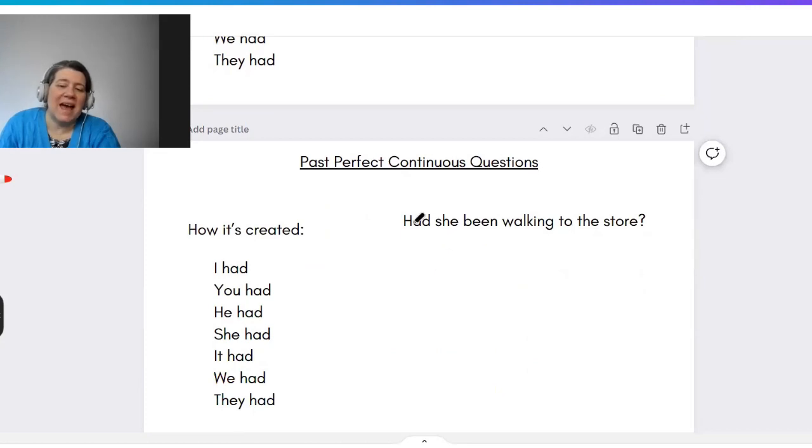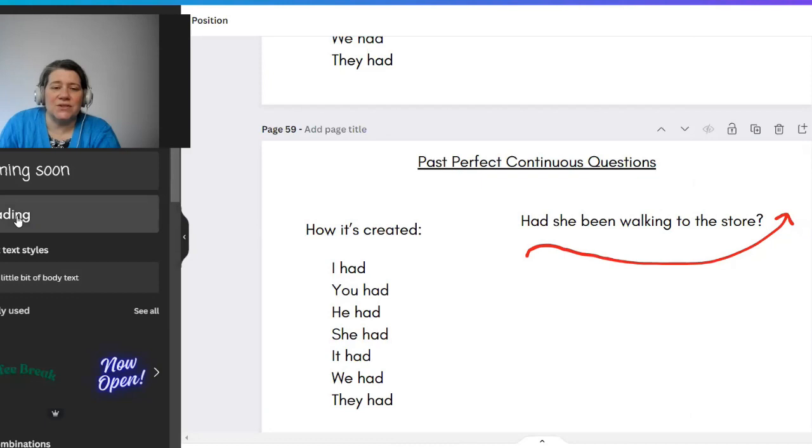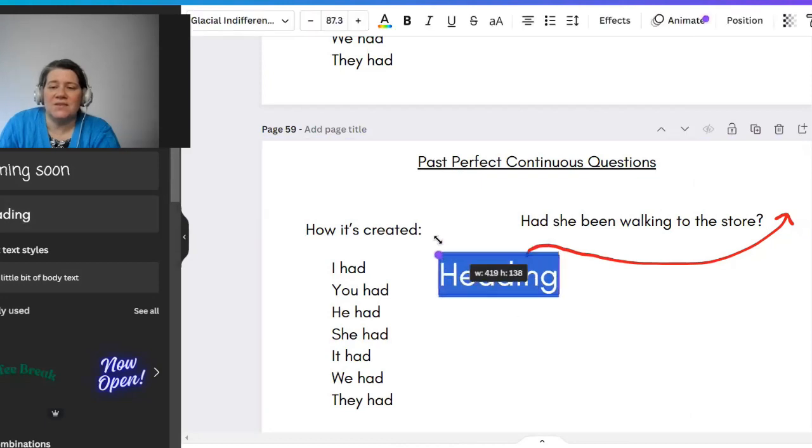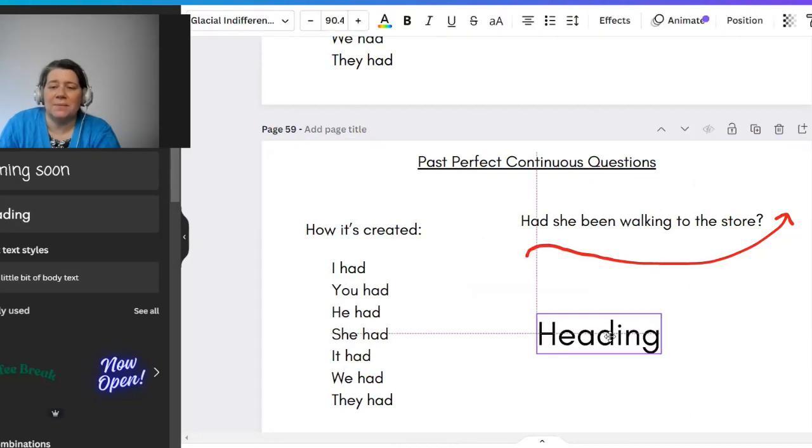And the question, had she been walking to the store? Had she been walking to the store? The intonation goes up. It's a yes/no question. What are the answers? See if you can think of the answers before I can type them.